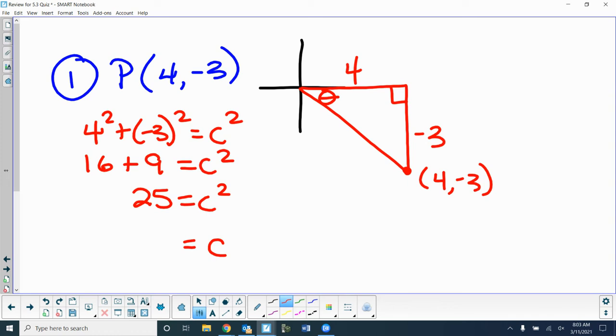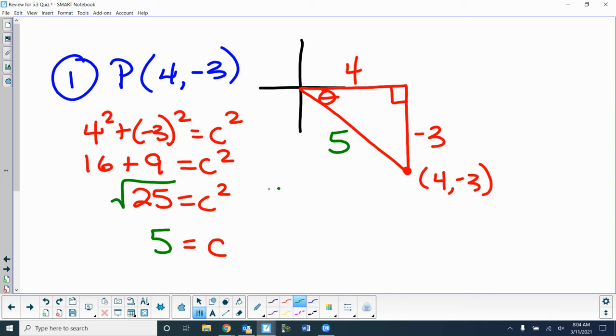Some of you forgot to square root last week. Some of you remembered to square root it, but wrote it as the square root of 25. You should know that the square root of 25 is 5, shouldn't we? Okay? And then we just do the 6 trig functions.